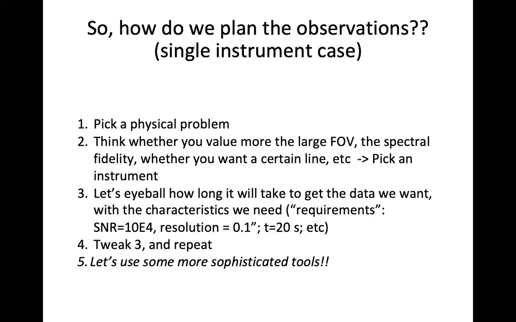Is it enough or not? No. Okay, repeat. Go back, and so on. And then at the very end, we'll use some more sophisticated tools because you cannot do all of this by hand. Some instruments are easier than others. You could do it by hand, you know, with a piece of paper, really. Some others, like the DKIST, are very difficult because there's a lot of interdependencies.